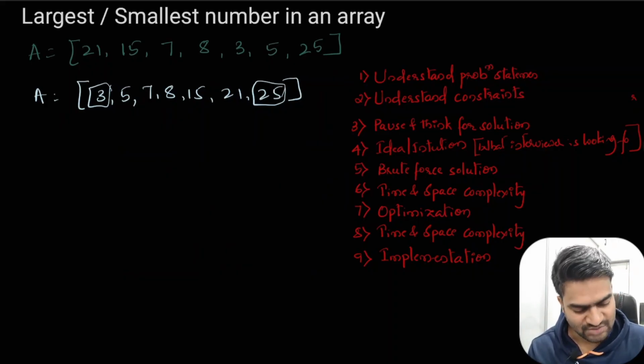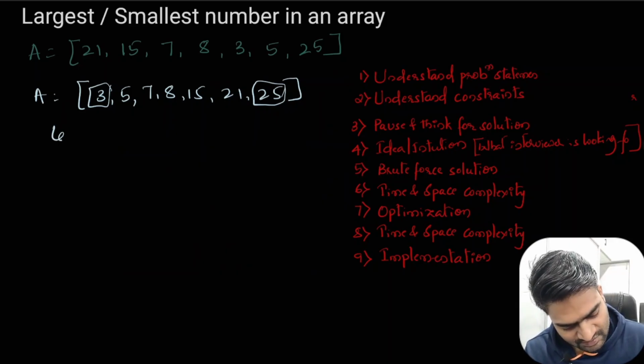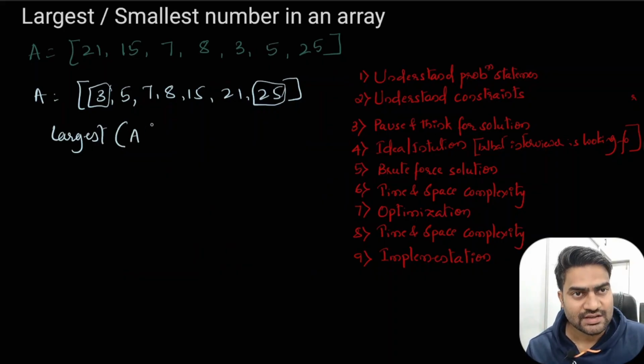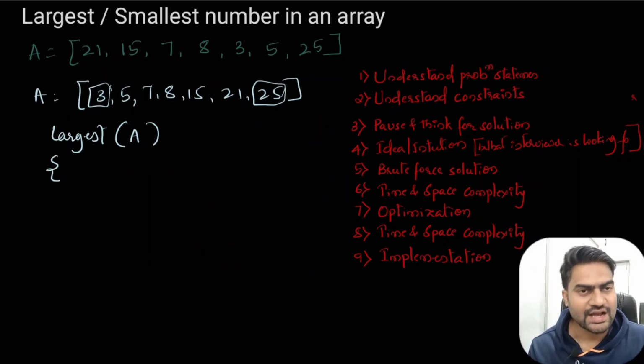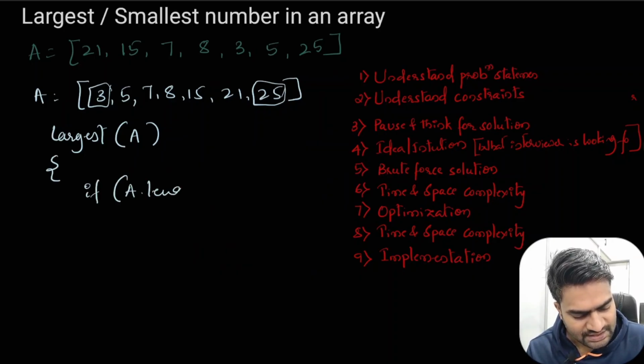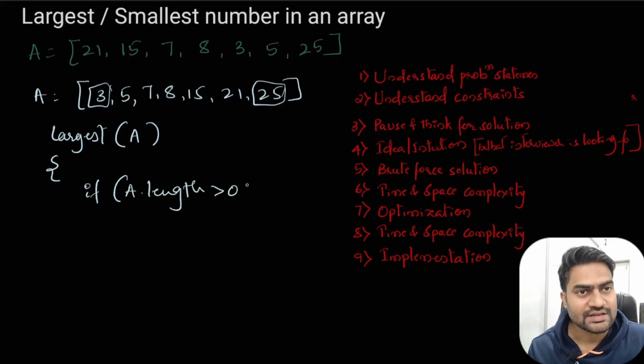Now let us write a pseudocode for this particular problem. We have a method named largest, and it accepts A as the input parameter. With that, we will check if the length of the array is greater than 0.